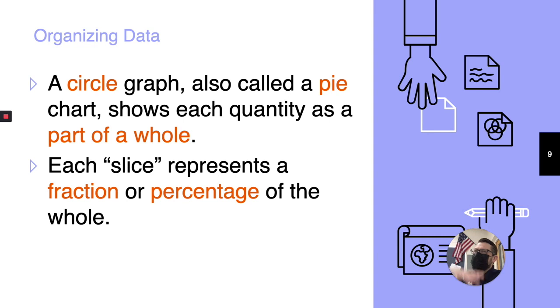So if I look around the classroom and survey, okay, how many people in this class have blonde hair versus how many people in this class have brown hair versus how many have red hair. Okay, so in this class, there are 18 students. So I can take how many people have each hair color as a percent of the entire class. Okay, so I can represent that in a circle chart.